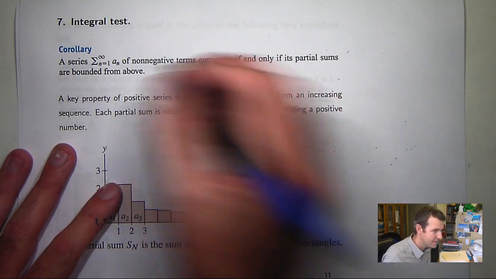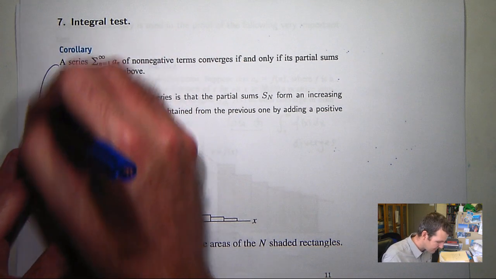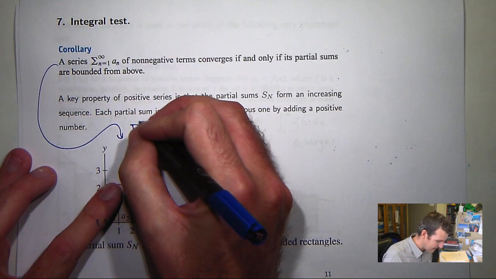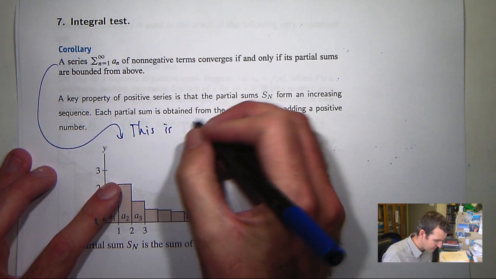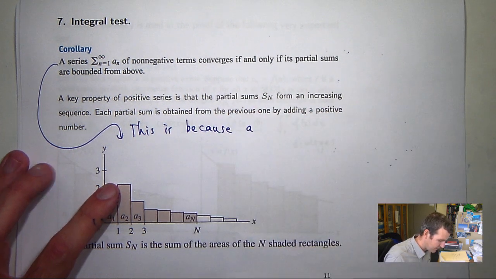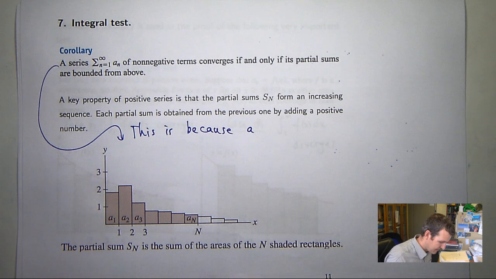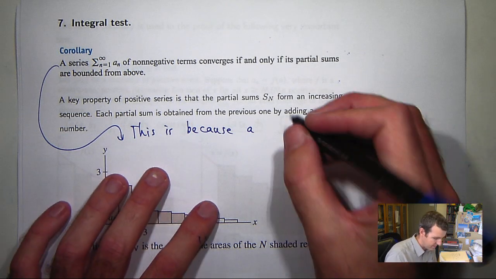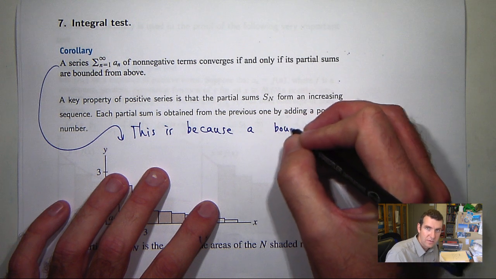Now down here, I've got some little rectangles where each of those rectangles would represent A1, A2, A3, etc. And to get the nth partial sum, you just add the area of these rectangles together. They have base 1 and height, whatever the value A1, A2, or whatever is.